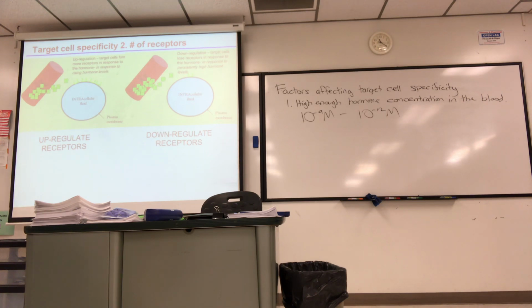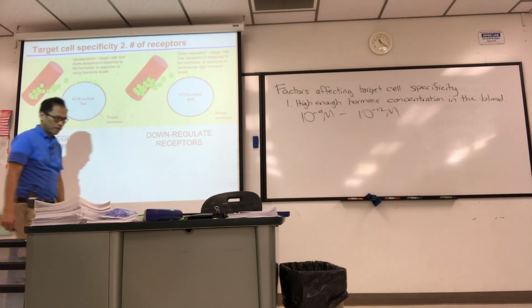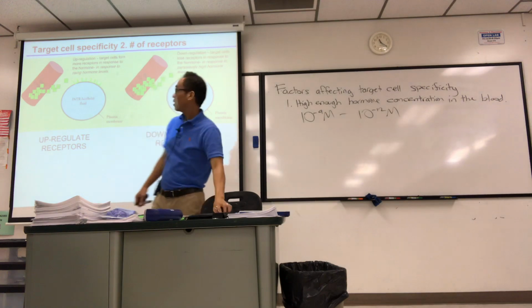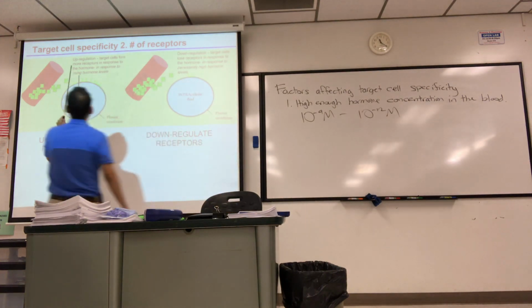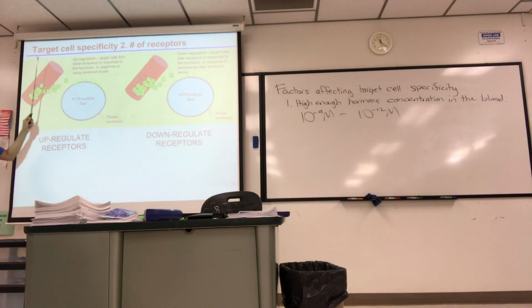So cells will either upregulate or downregulate. Let me read right here, upregulation. Target cells will form more receptors in response to rising levels of the hormone. It'll present more receptors to accommodate all the hormones circulating.